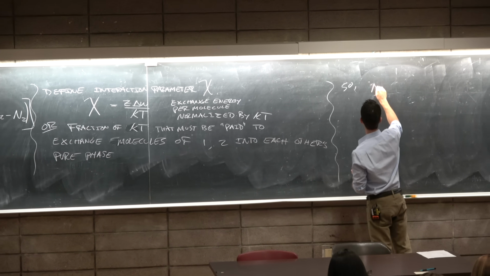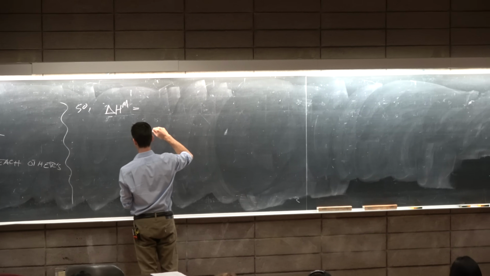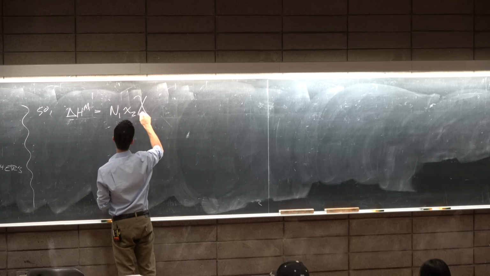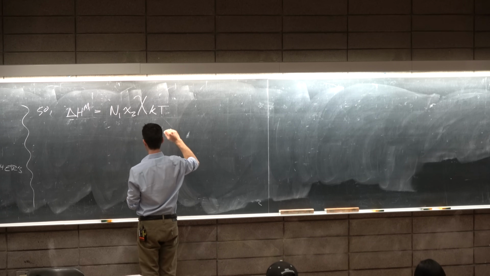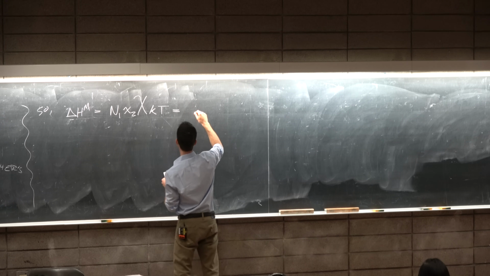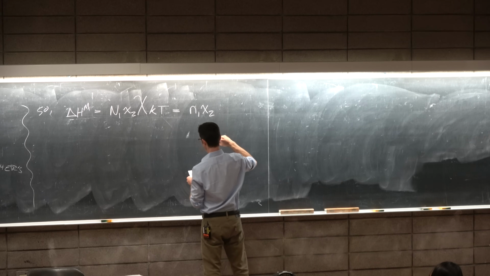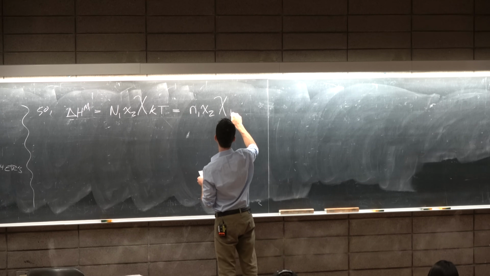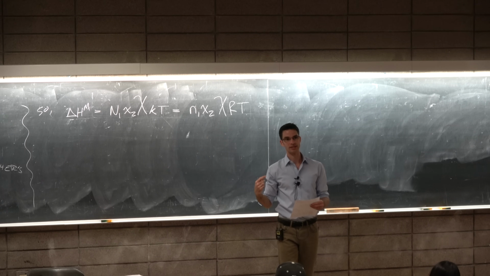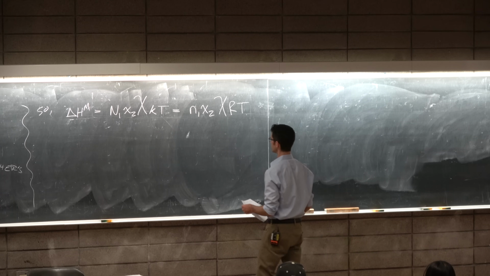So what we have for the total expression for HM in terms of chi is N1 X2 chi KT for the number of molecules, but we can swap between the number of molecules and the number of moles by saying little n1 x2 chi times RT, where we've made the substitution that the Boltzmann constant K is the universal gas constant R divided by Avogadro's number.